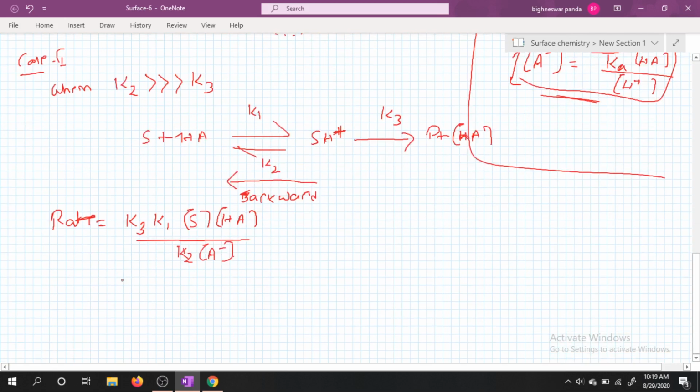So the rate will be equal to K3 K1 S HA divided by K2 multiplied by Ka HA divided by H plus.